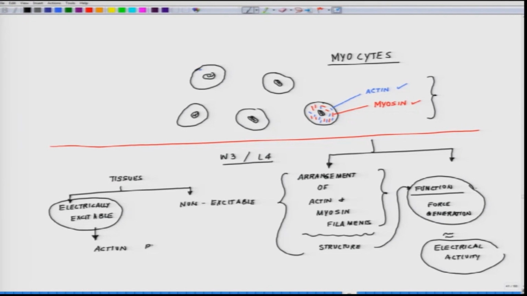Action potential is essentially an electrical waveform generated due to the movement of ions across the cell.